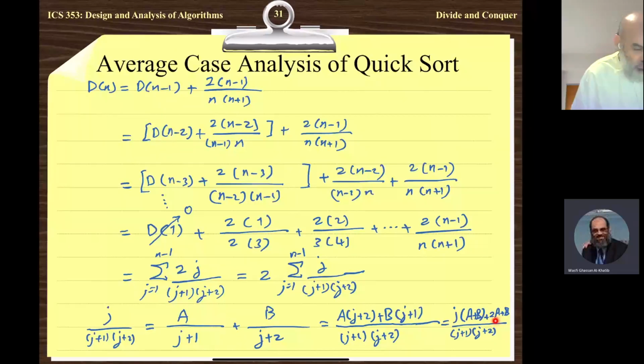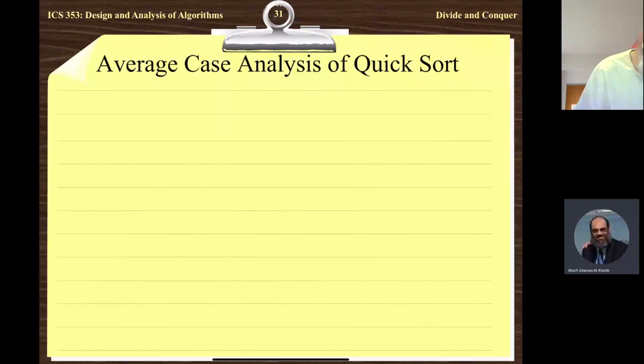So I need to solve these two equations. Let us solve them. I have a plus b equal to 1 and 2a plus b equal to 0. Let us subtract.